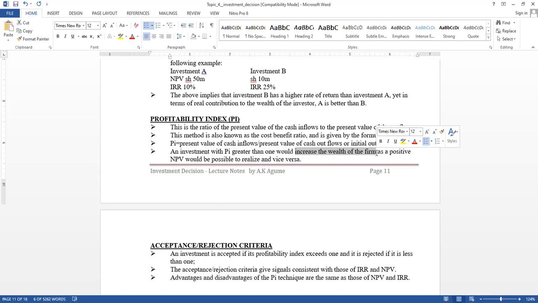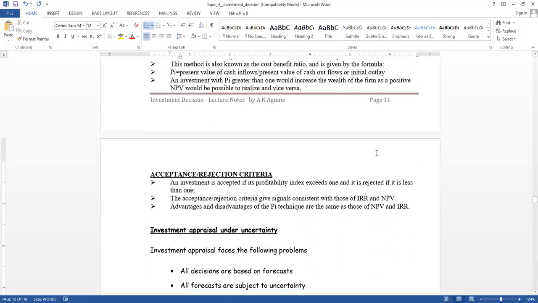shareholders. Okay, and the acceptance rule is that an investment is accepted if its profitability index exceeds 1, and it is rejected if it is less than 1. Okay, and the acceptance or rejection criteria give signals consistent with those of IRR and NPV.